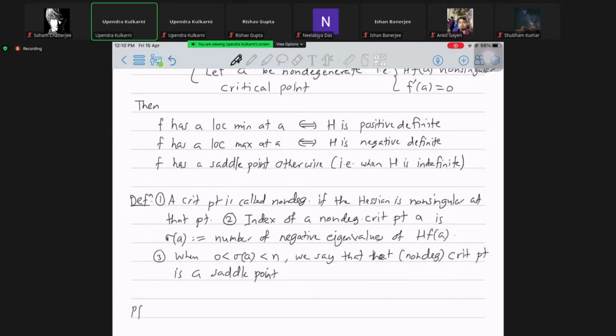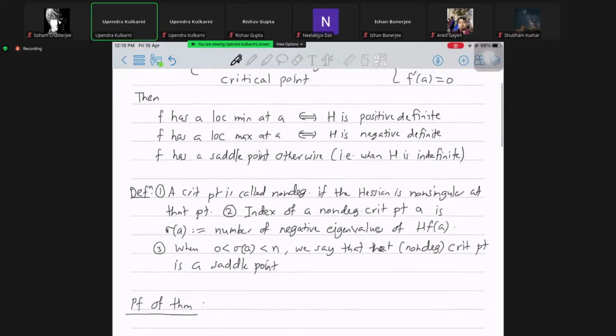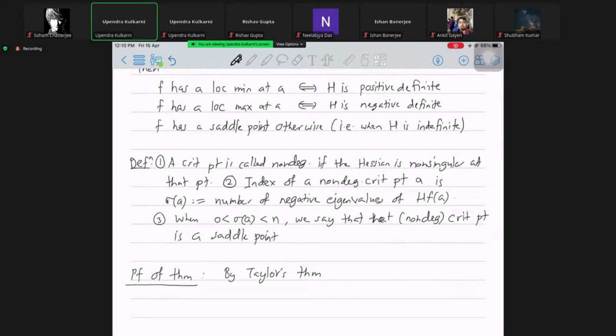So proof of the theorem. And you know what? We imitate exactly what we did in the one variable situation. So let's write down Taylor's theorem. By Taylor's theorem, what do we get to write? f of a plus, now I don't want to use small h because I have capital H, which is the Hessian, so let's use x, minus f of a.